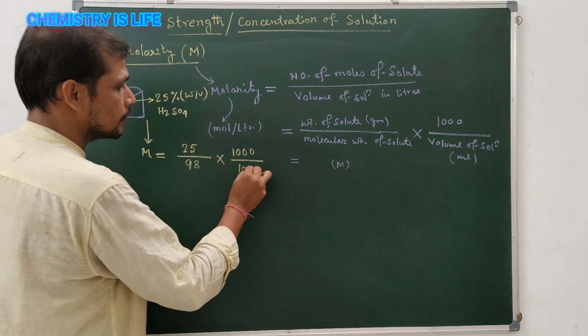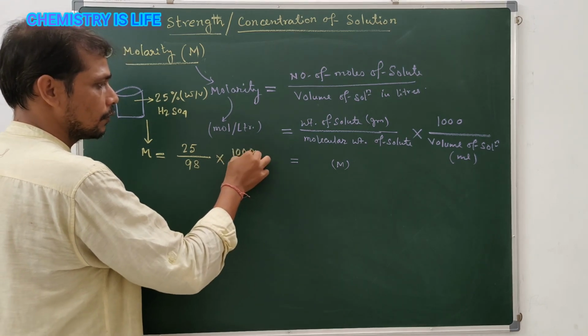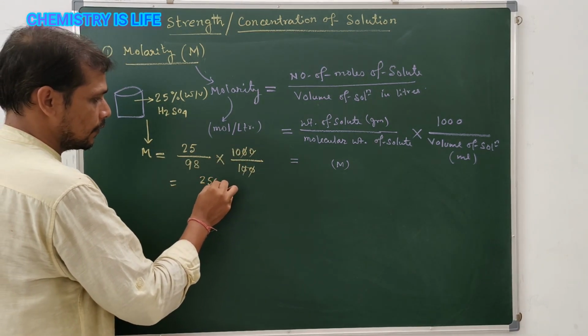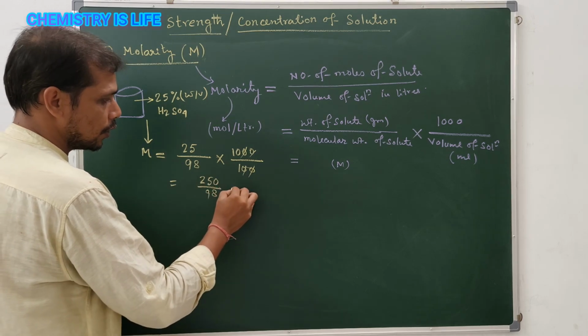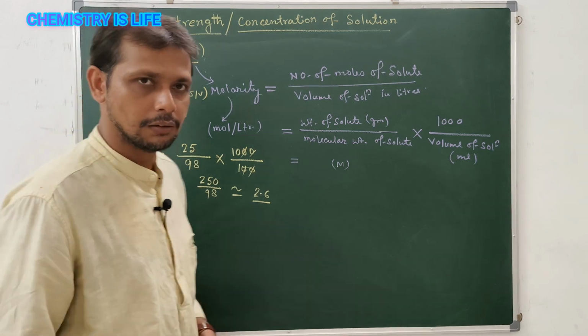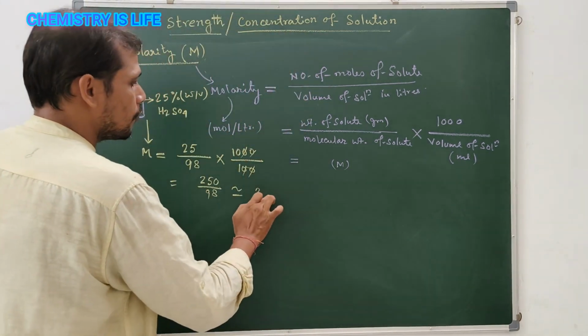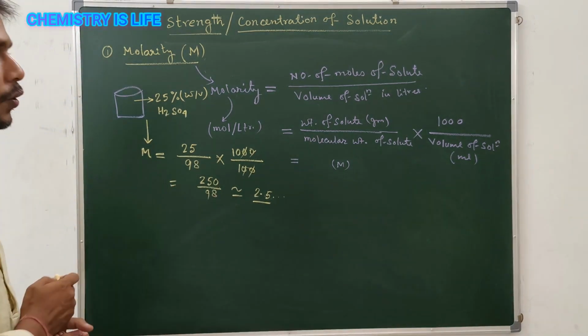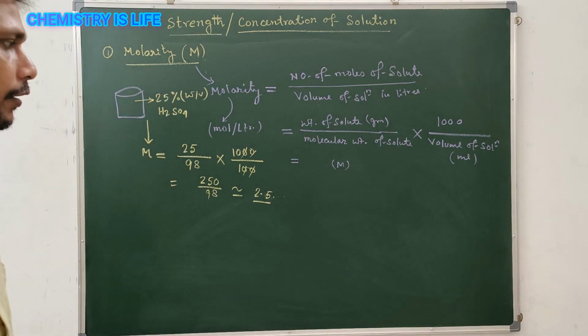So we can calculate this: 250 divided by 98. So it will be close to 2.6, or 2.5 something. Okay, so we have learned to calculate the molarity.